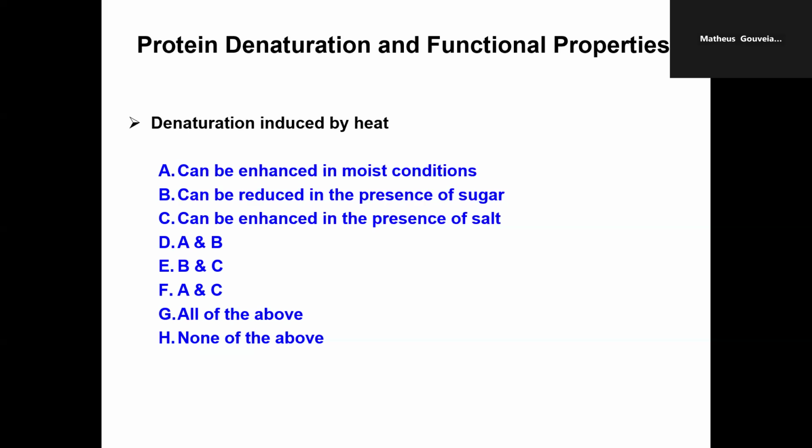What were you going to say? A and C are correct, but they're missing B. All of them, we're going to talk about. Well, the salt one, it can, doesn't mean always, it depends on the type of salt and concentration.